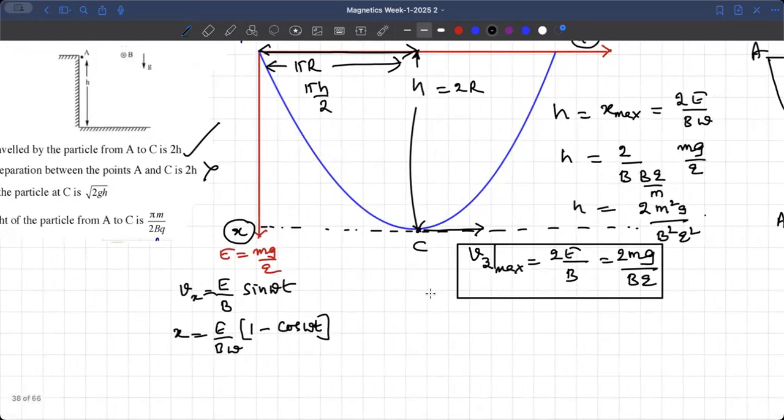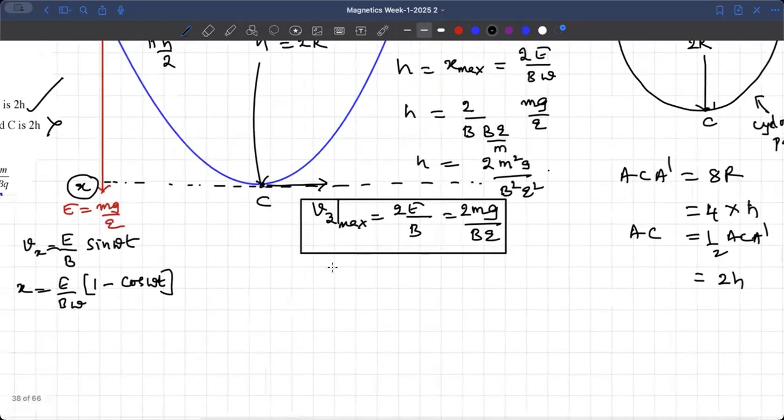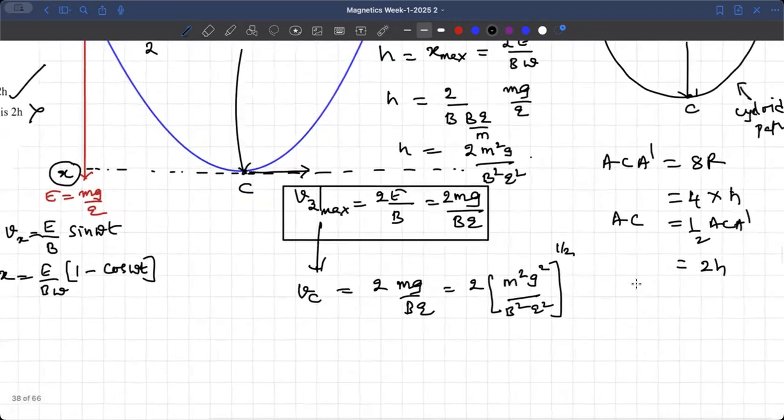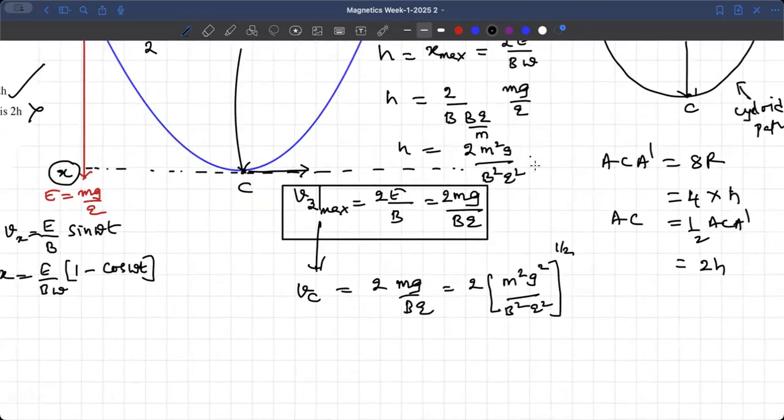Velocity of the particle at C. Right. This we will find. Just please let me write this properly. Let that be VC. VC is 2 mg by Bq. If you allow, I will write this as the square root of 4 m squared g squared by B squared q squared.